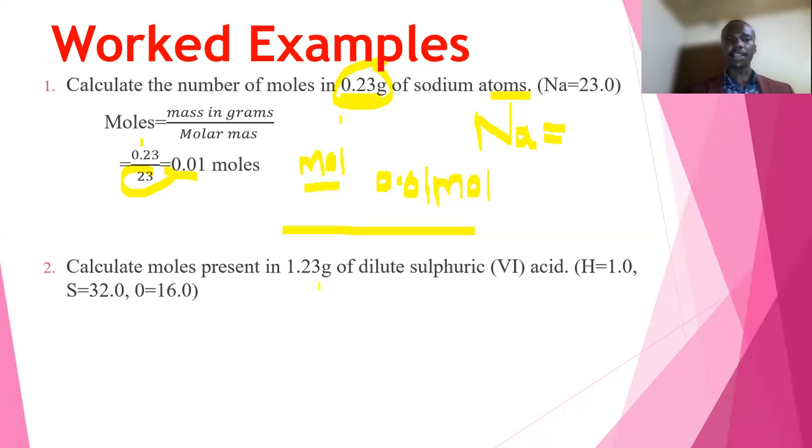And in this case, our mass is 1.23 grams. Then the molar mass of the sulfuric acid, you have to know how to write the molecule or the compound of the sulfuric acid, which is written as H2SO4, like that.